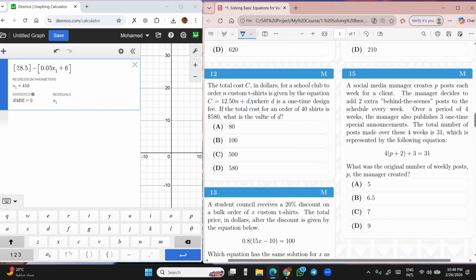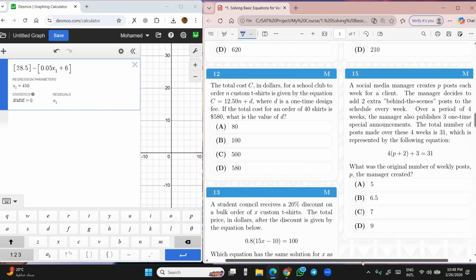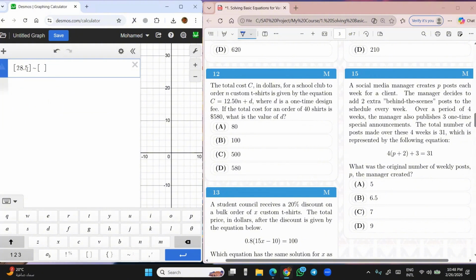So we need to consider writing this equation as is on Desmos, and we also need to write the other pieces of information and add them to the square brackets. So we can write everything here, just clean this and this, and we start writing C on the left side. On the right, we need to write 12.50 N plus D. And then we write the other information given.